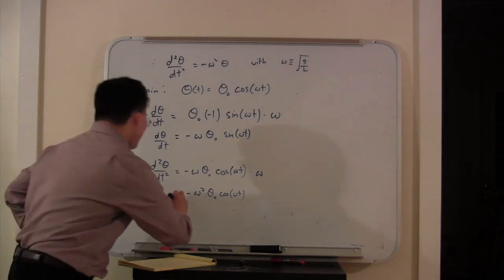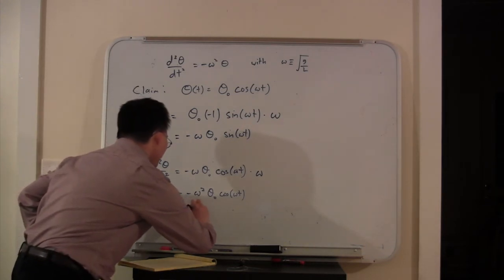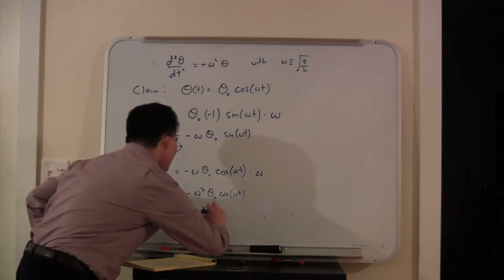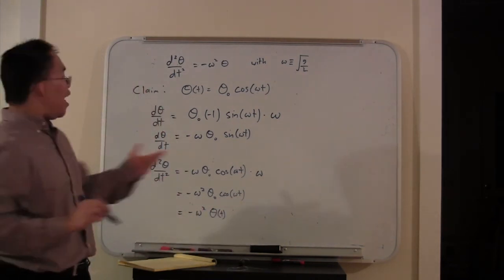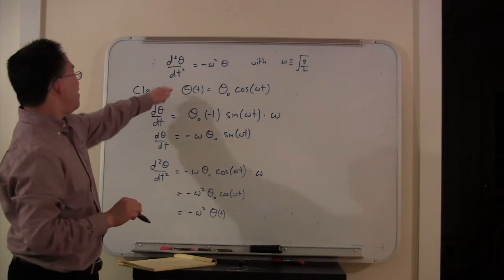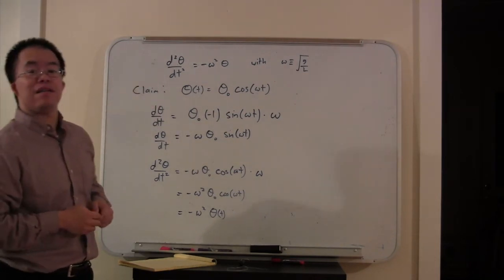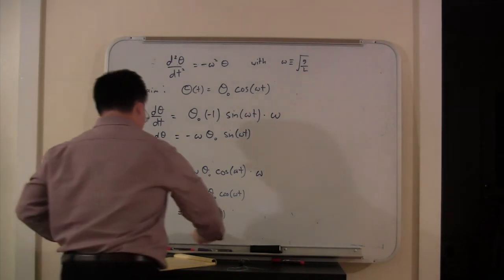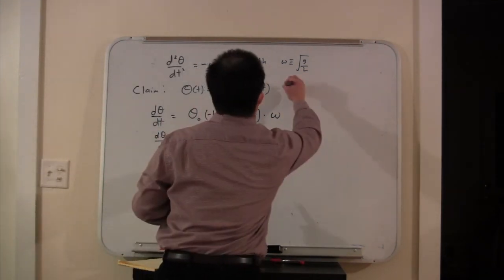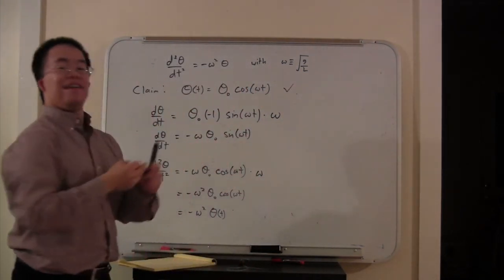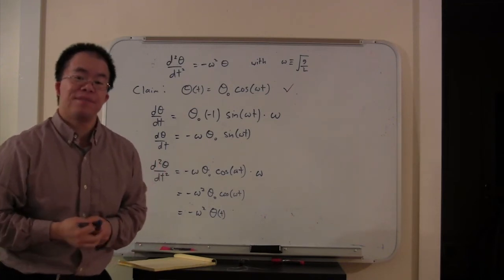So we have equals minus omega squared theta of t. So we have indeed shown that this is a solution of this simplified differential equation. I'll put a check there to indicate the claim has been verified.